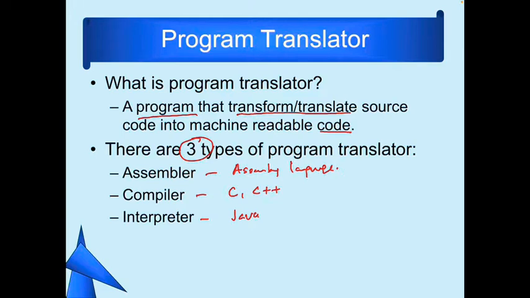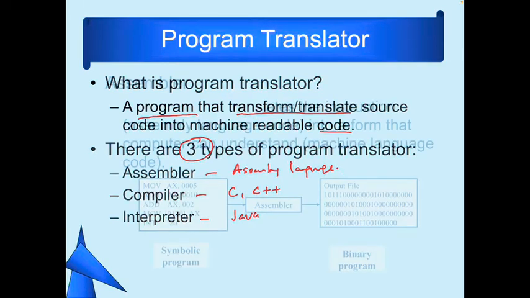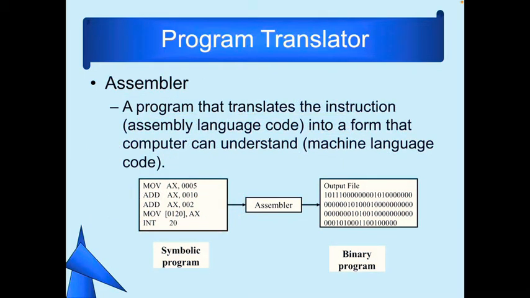After this, for the assembler, it is a program that translates instructions, as I mentioned before, in assembly language code into a form that computer can understand. What language does our computer understand?